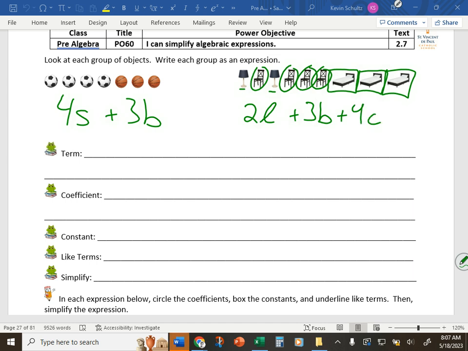And it would be okay if you wrote those in a different order, right? If you wanted to put your beds first, and then your lamps, and then your chairs, that's totally fine. It doesn't make a difference what order they are in. It means the same thing. You're basically explaining how many of each item you have and combining those like terms.